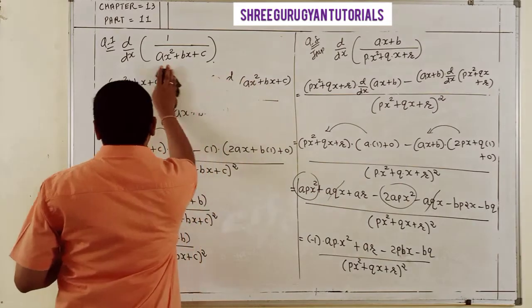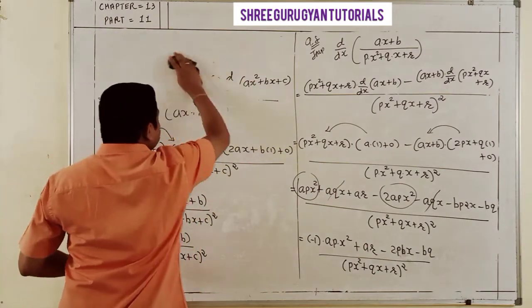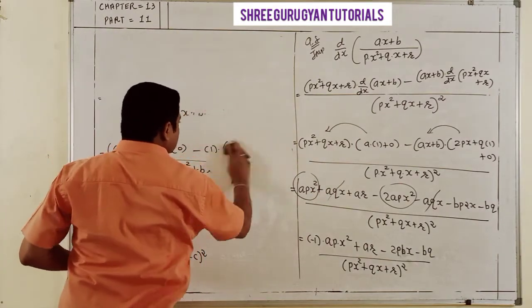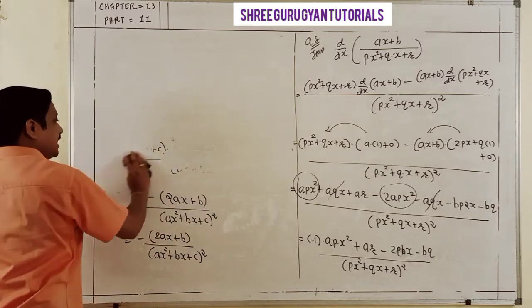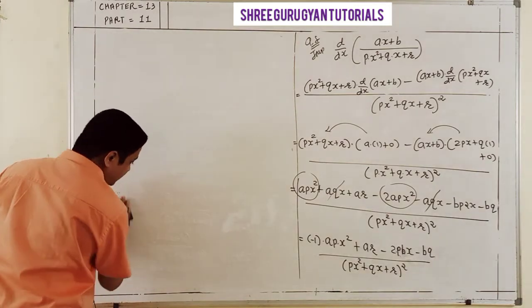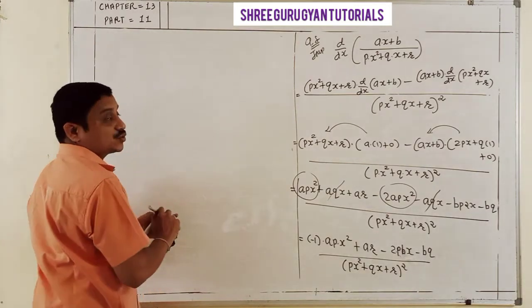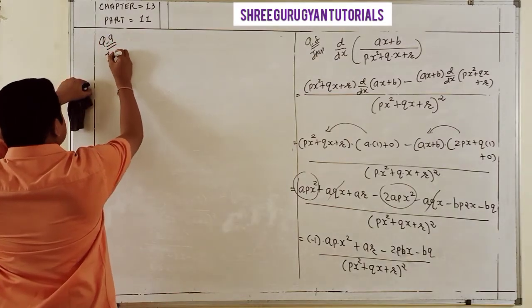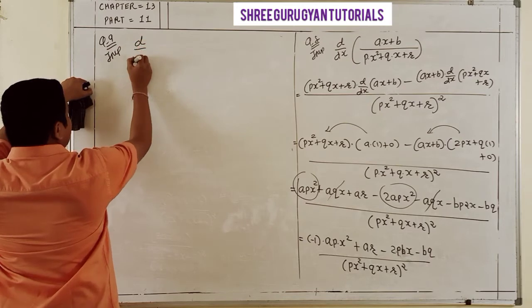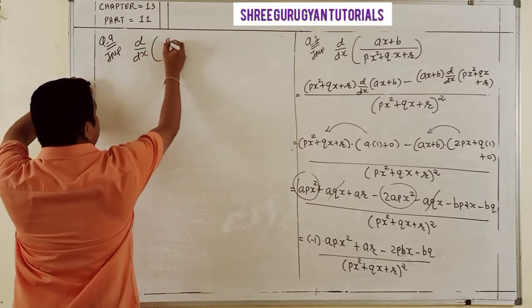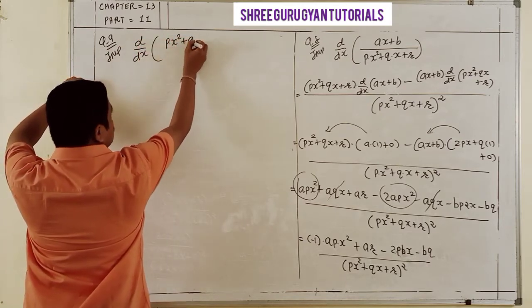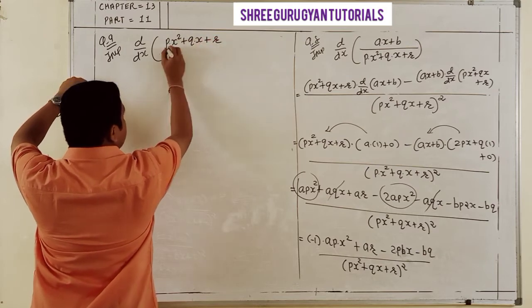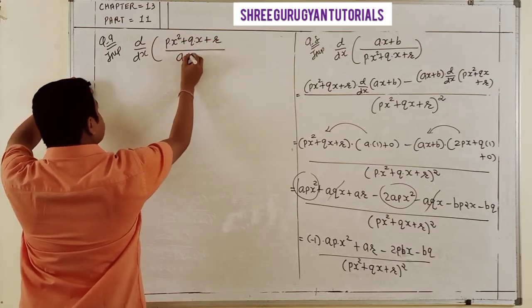Now the 9th one is a completely reciprocal of question 8. That is also important for exam orientation. Yes, question number 9. So tick mark in the important list: d/dx of px square plus qx plus r upon ax plus b.